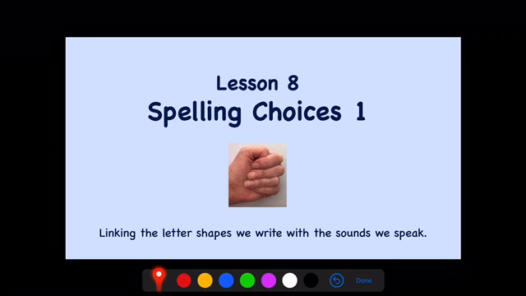Now, a spelling choice is when we need to decide which way of writing the sound that we hear we're going to choose. Sometimes it can be very based on memory, and sometimes there is a definite pattern. And the spelling choice that we are going to be doing in Spelling Choices 1 has a definite pattern.